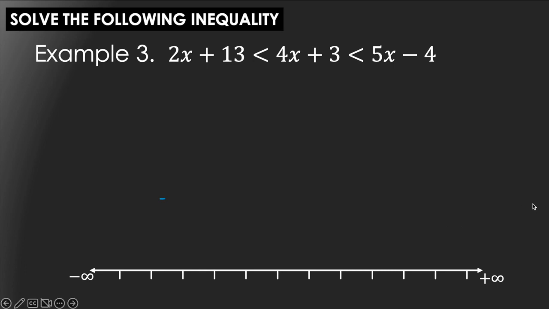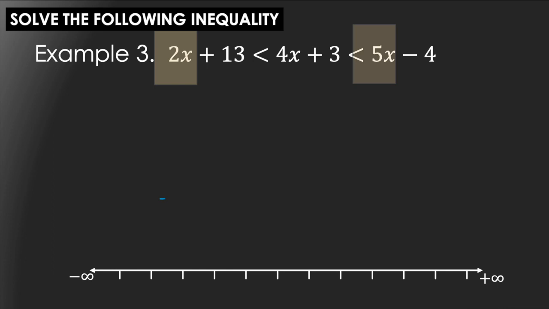So this one is similar to our previous example in terms of the x terms on the left side and on the right side. Here again, we have two different x terms on the left and right sides of the inequality, so 2x and 5x. So we cannot just eliminate by subtracting or adding a 2x or a 5x on either side.